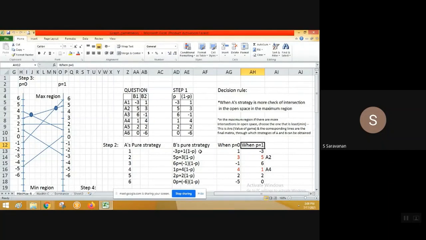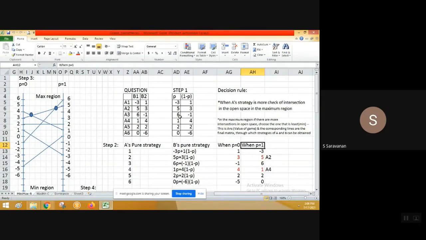Now I'm going to change B's pure strategy into equation form. It is written as minus 3p plus 1 into 1 minus p. This is B's pure strategy when A's strategy is A1. In a similar way, for A2, B's pure strategy will be 5p plus 3 into (1 minus p).